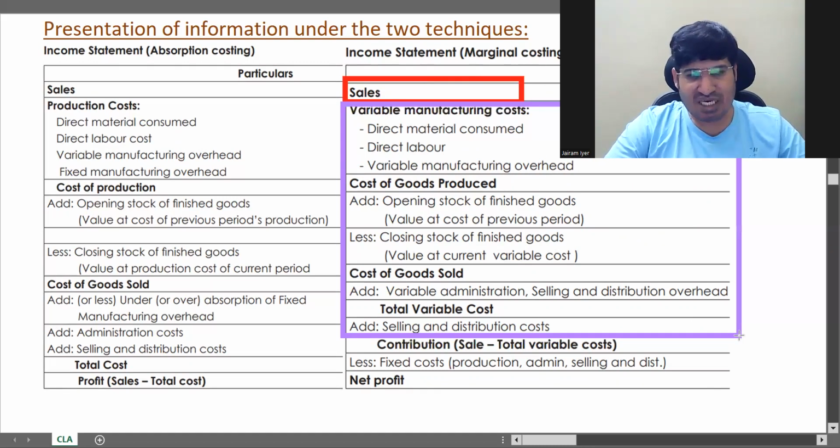So S minus V gives you contribution here. Less fixed cost gives you profit.